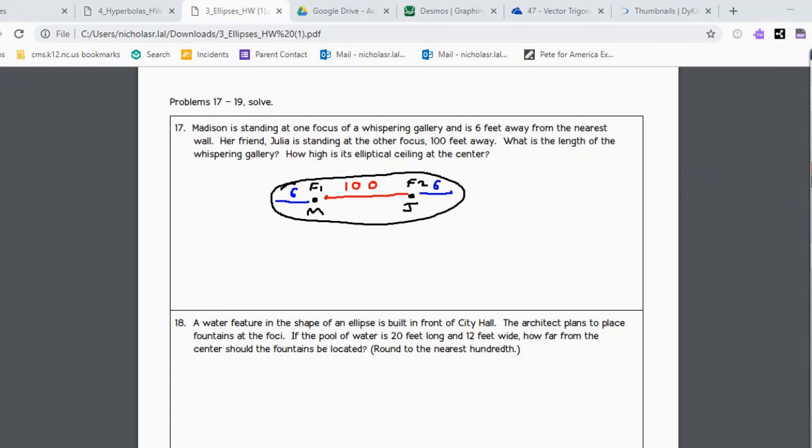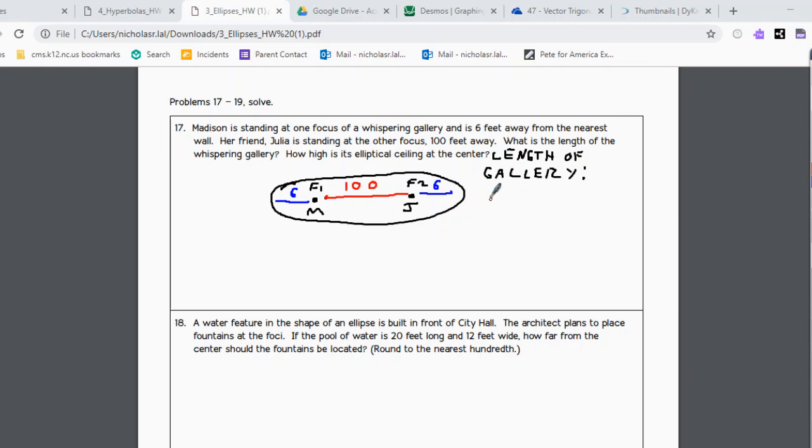Well, we can see the length of the whispering gallery, that length is 6 plus 100 plus 6.